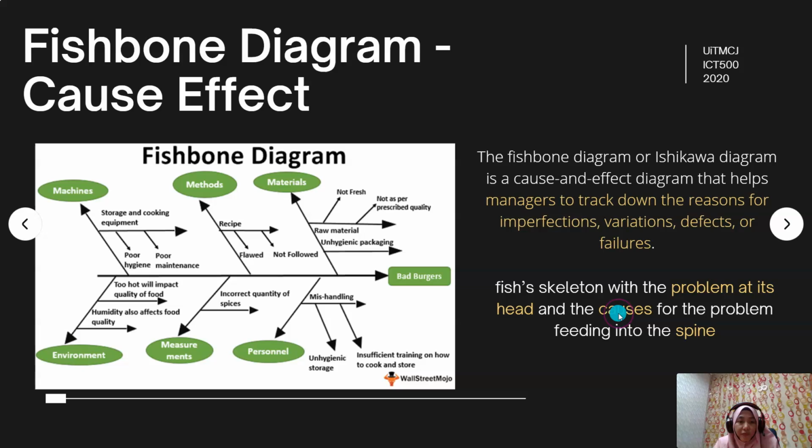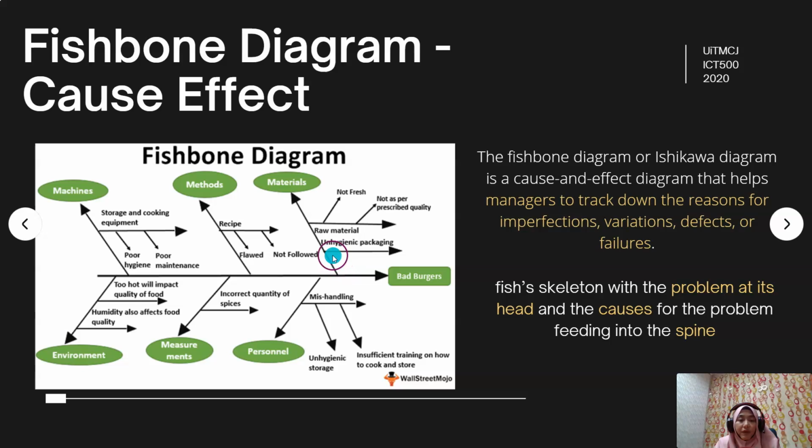So we need to find the causes of that problem, and we use the fishbone. These are all the factors related to the causes of the problem: for example, material, methods, machine, environment, measurements and personnel. In terms of personnel, the details are mishandling and unhygienic storage, which contribute to the bad burgers.